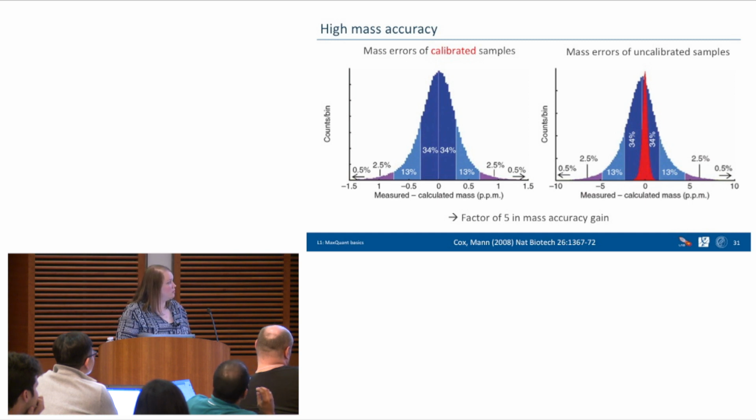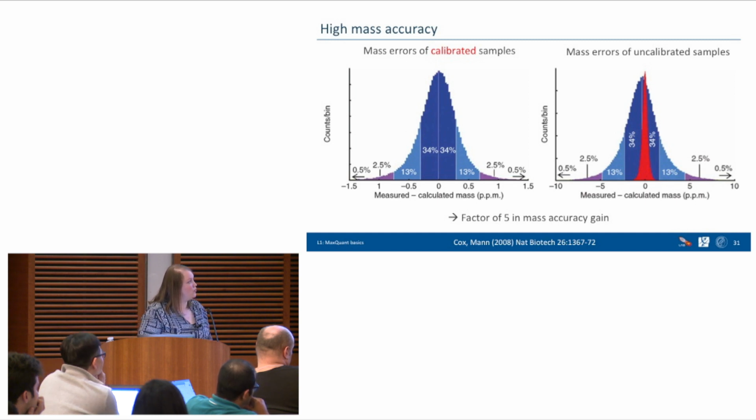We have 1 ppm of mass error tolerance, and this is based on the recalibrated samples. When we plot the histogram again over the unrecalibrated samples, we can see nicely the difference and the improvement from the recalibration. Before, it stretched out to 10 ppm, and here we are within 1 ppm, which is a factor of 5 in mass accuracy gain, roughly.